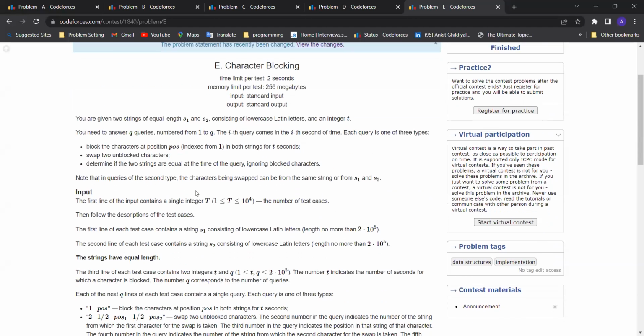So let's move to the fifth problem. In the fifth problem, we are given two strings and we have three queries. For the first query, we can block a position. In the second query, we can swap two positions which are unblocked. And finally, in the third query, we have to determine whether the two strings are equal or not.